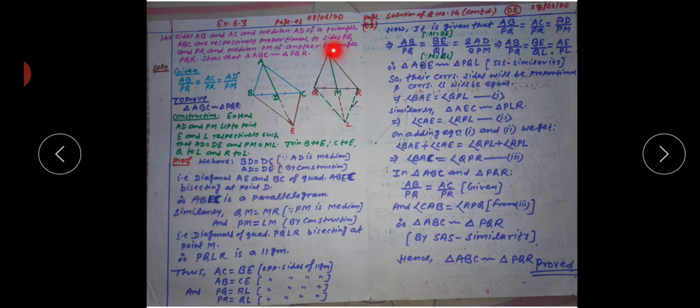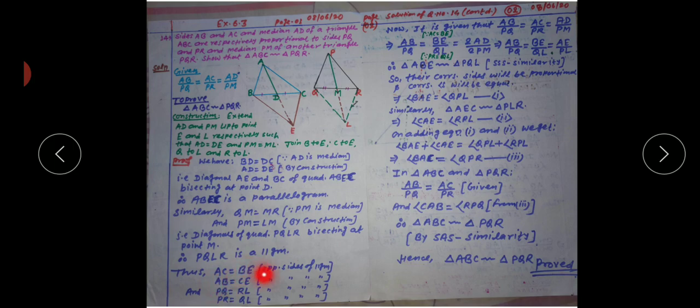Similarly, in this quadrilateral PQLR, we have QM is equal to MR because PM is one of the medians, so M will be the midpoint of QR, and PM is equal to LM by construction. That is, in PQLR also the diagonals are bisecting each other at point M. That means this quadrilateral PQLR is also a parallelogram.